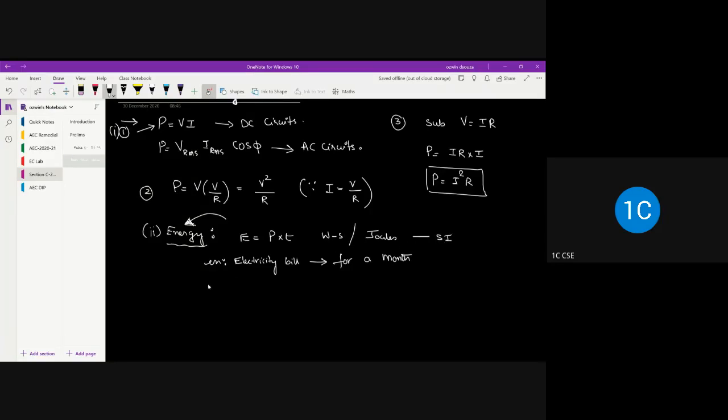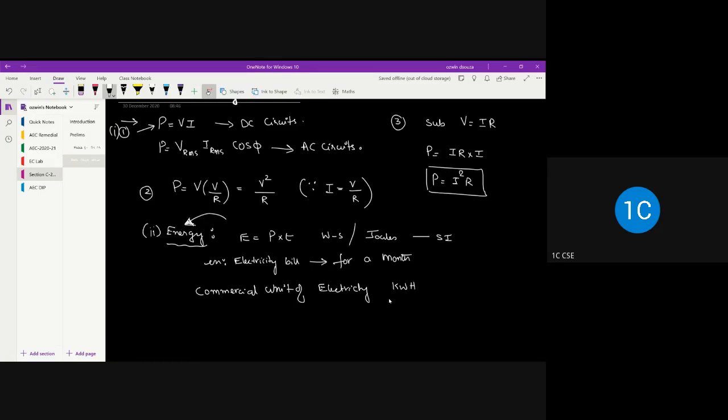On the other hand, in normal day-to-day life, we also use a commercial unit of electricity. The commercial unit of electricity is kilowatt hour, kWh we would say.